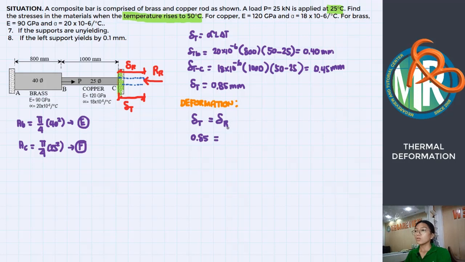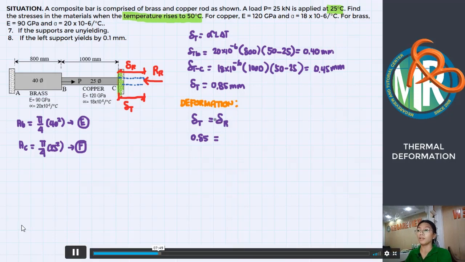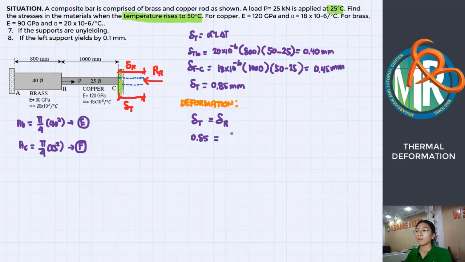Okay? So, yung axial deformation na to is contributed again by both the brass rod and the copper rod. Okay, so this 0.85 is equals the axial deformation PL over AE of the brass rod plus the PL over AE of the copper rod.